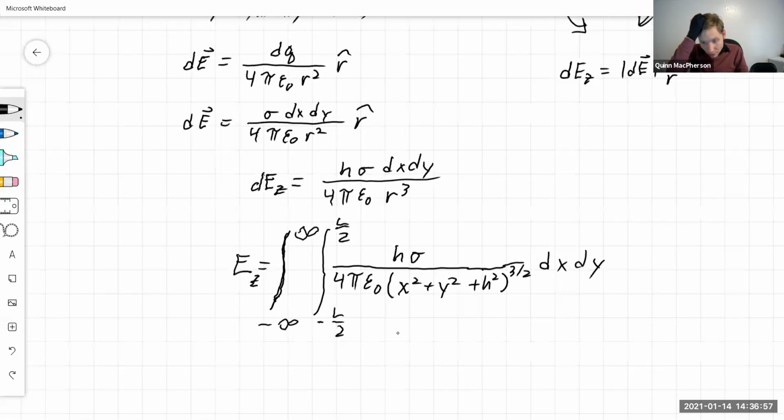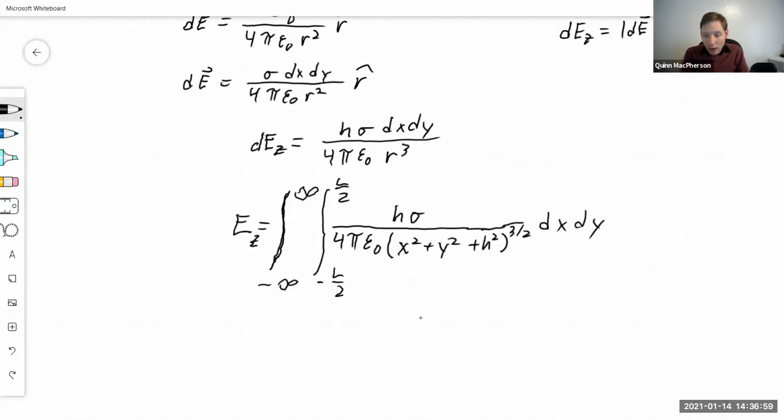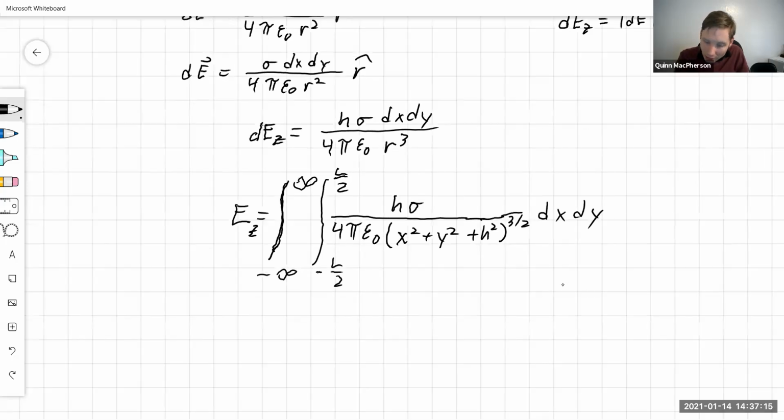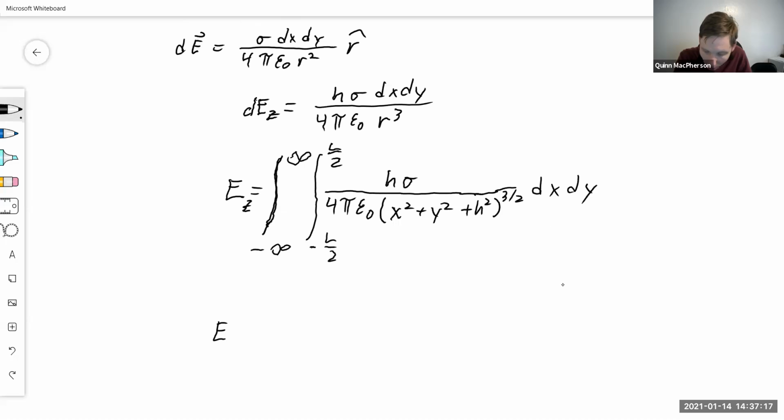The first step of these integrals, I'm going to pull out some constants. h is a constant, sigma is a constant, 4 pi epsilon naught are all constants, so I can just pull them all out of the integral. Actually, my notes left h in, so I'll just do that. But I can pull 4 pi epsilon naught out.